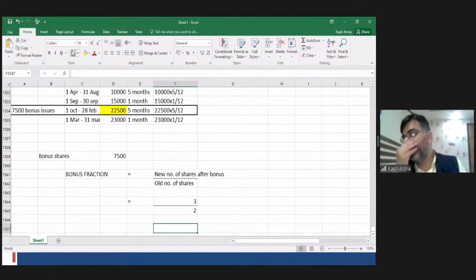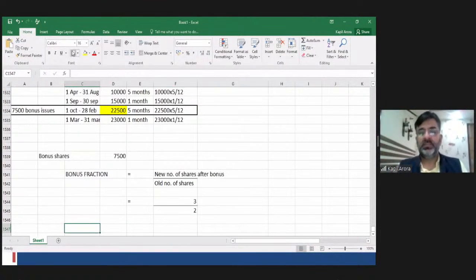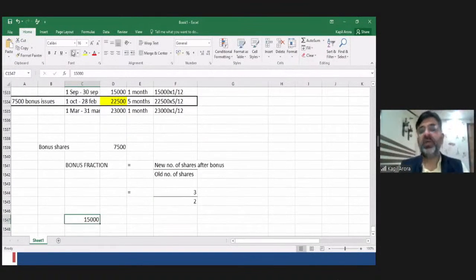So my bonus fraction will be 3:2. If you have 2 shares, you will get 1 share extra. If you have 10,000 shares, you get 5,000 shares. If you have 15,000 shares, you get 7,500 shares. Is that okay?